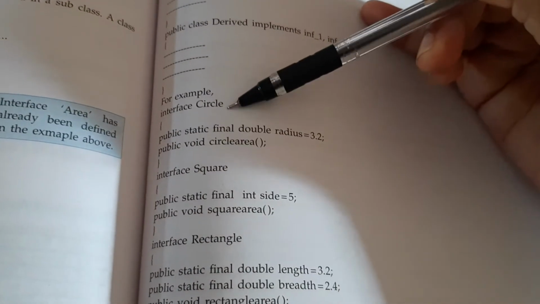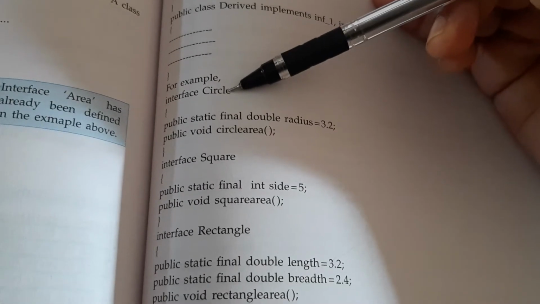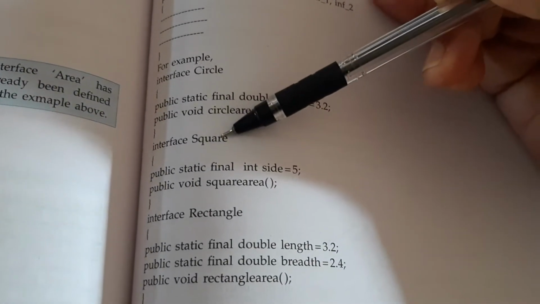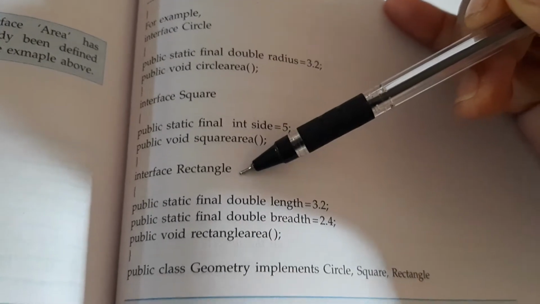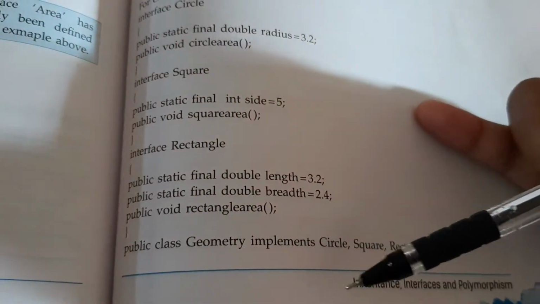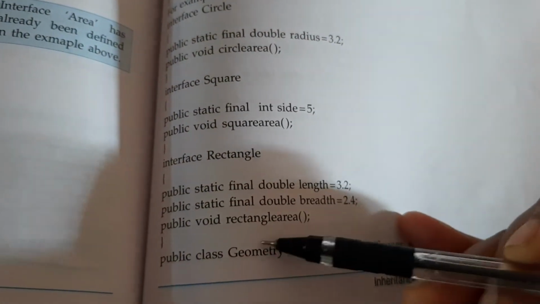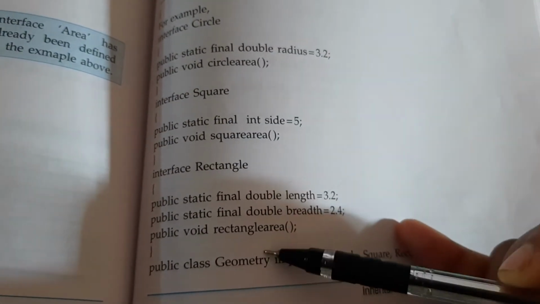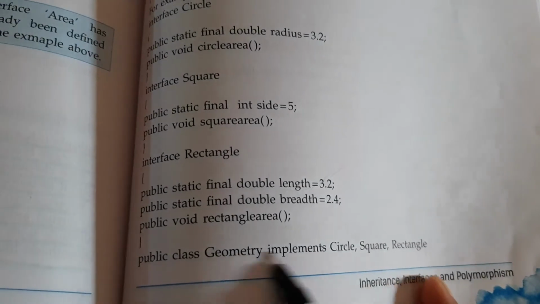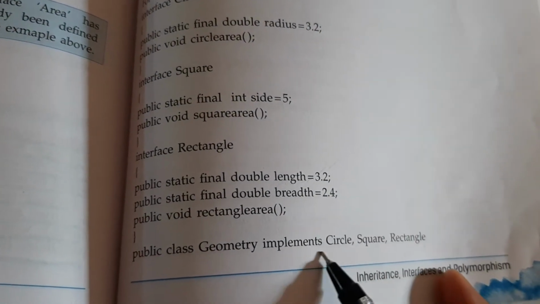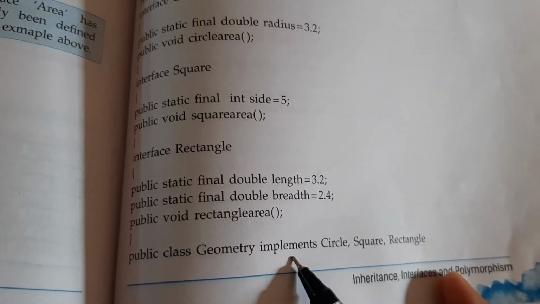Now you see here we have an interface Circle, an interface Square, and an interface Rectangle. Now we are implementing them. These are written before you write the class. When you use them within the class, you have to use the word implements.